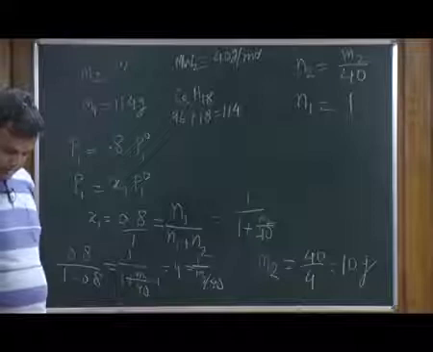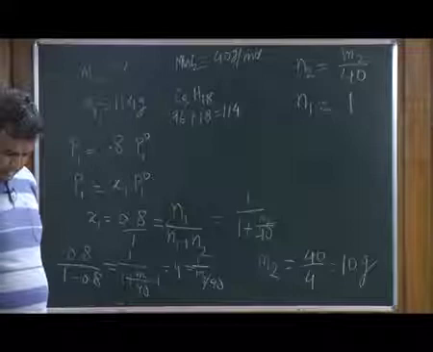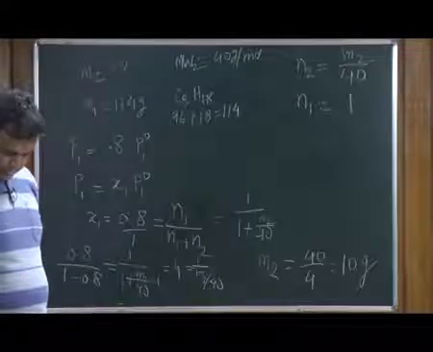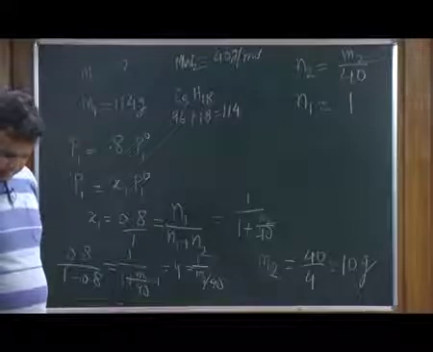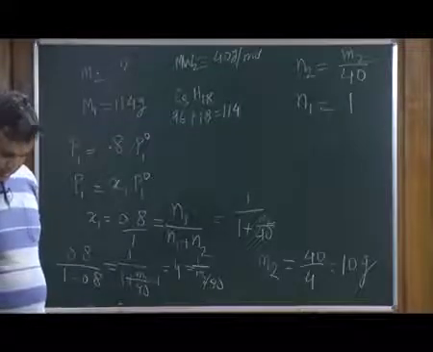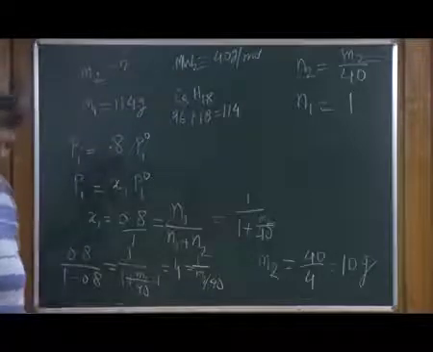Further, 18 gram of water is then added to the solution, and the new vapor pressure becomes 2.9 kilopascal at 298 Kelvin. Calculate molar mass of the solute, vapor pressure of water at 298 Kelvin.